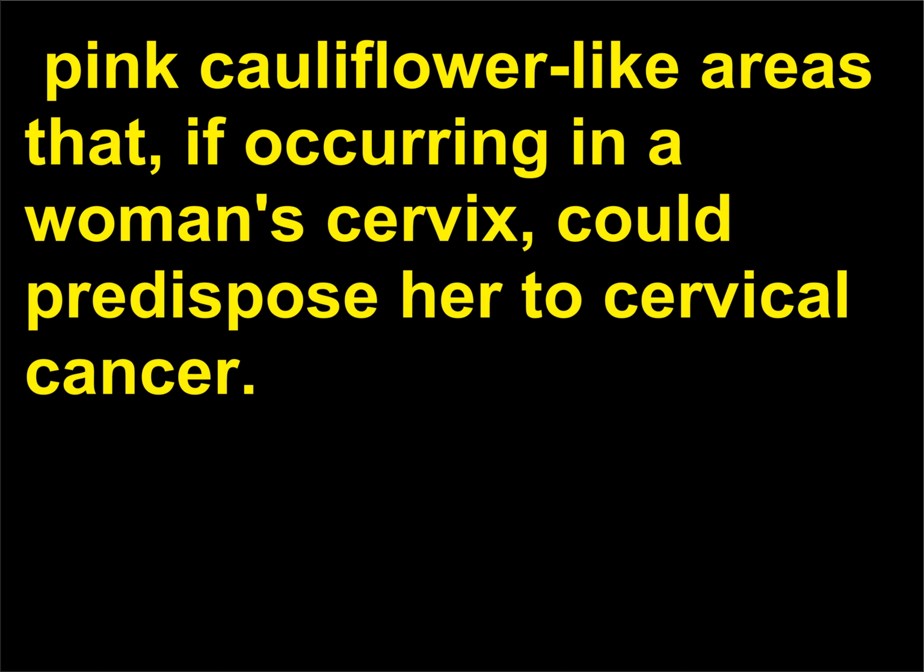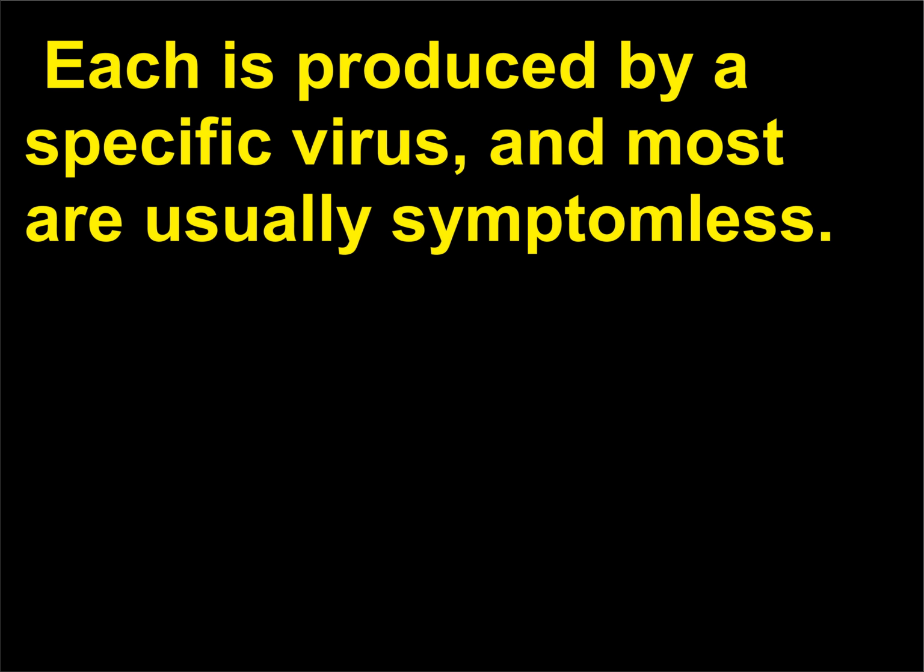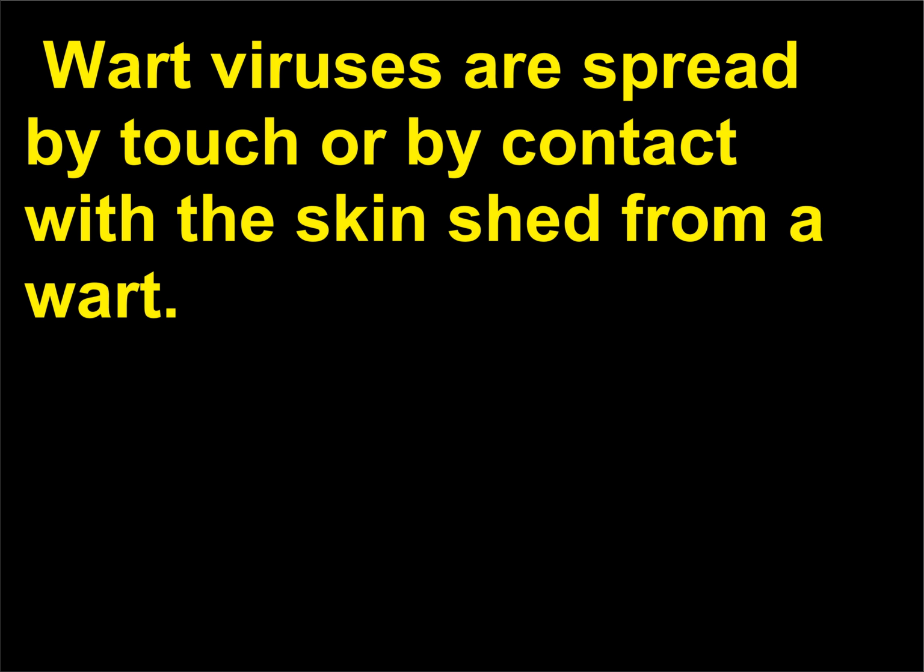Pink cauliflower-like areas that, if occurring in a woman's cervix, could predispose her to cervical cancer. Each is produced by a specific virus, and most are usually symptomless. Wart viruses are spread by touch or by contact with the skin shed from a wart.